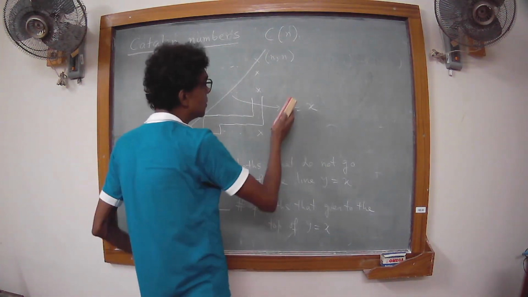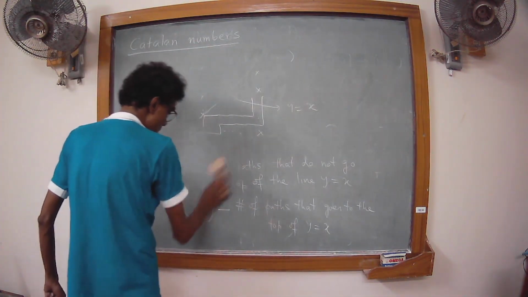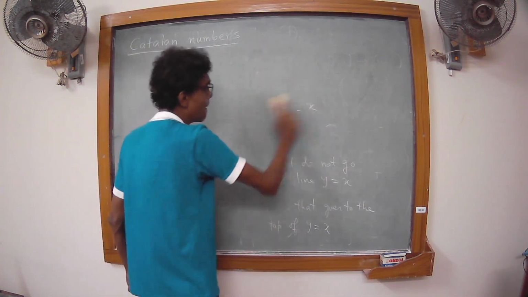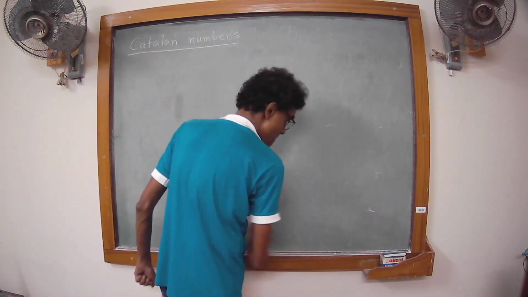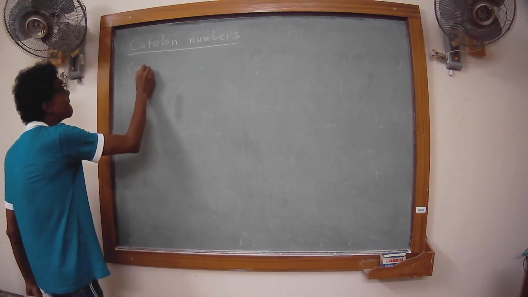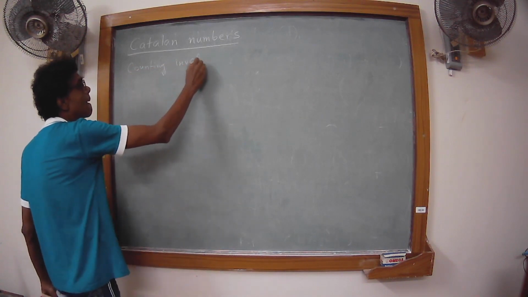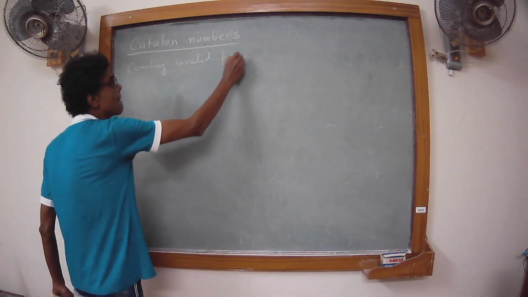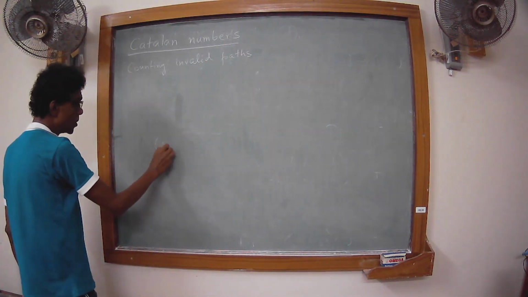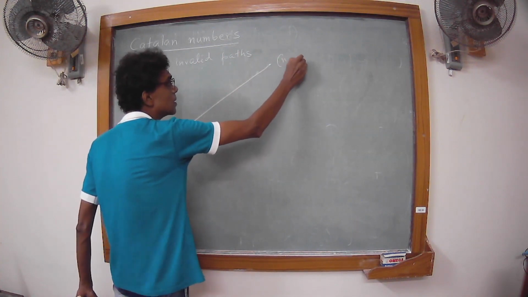So let us consider paths that are invalid. Okay, so you are from 0,0, you have this line ending at n,n.